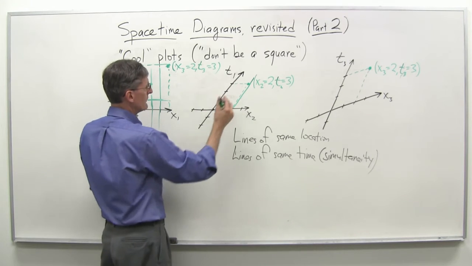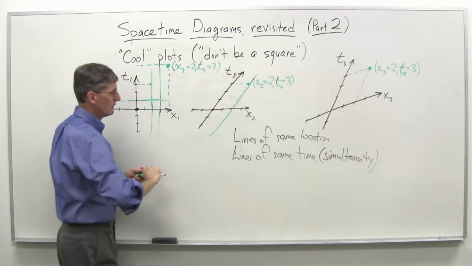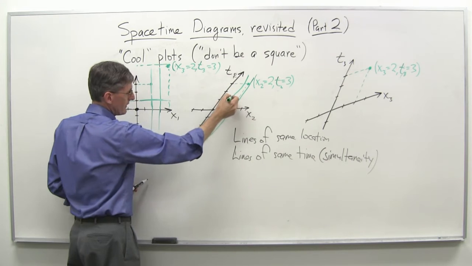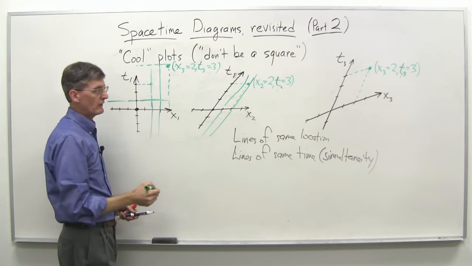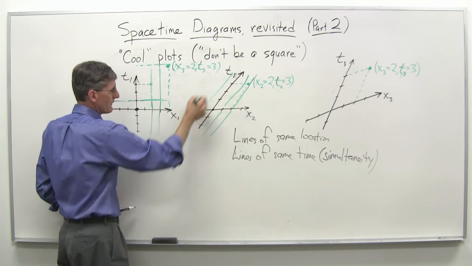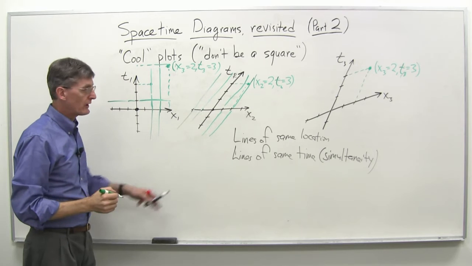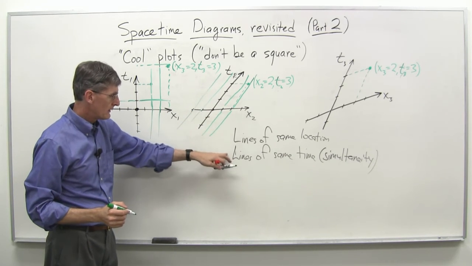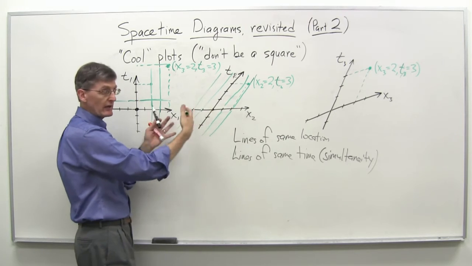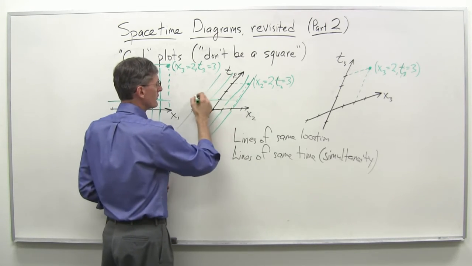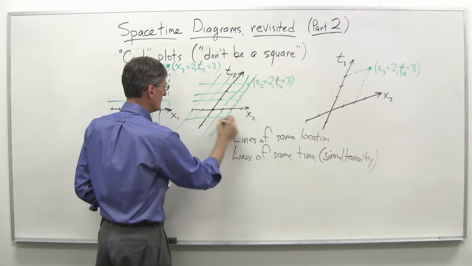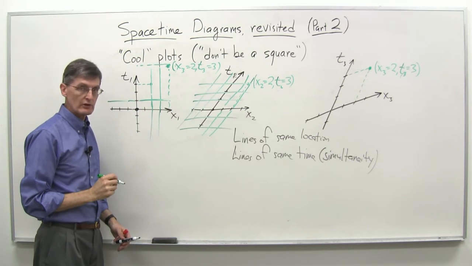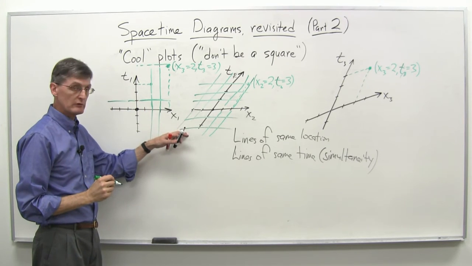Oops, that's not a t1 there. Sorry about that, it should be a t2. So lines of same location on this plot are parallel to the time axis. Lines of same time, because the x-axis is horizontal here, are still going to be the horizontal lines there. So that is what our lines of same location, same time, lines of simultaneity would look like.